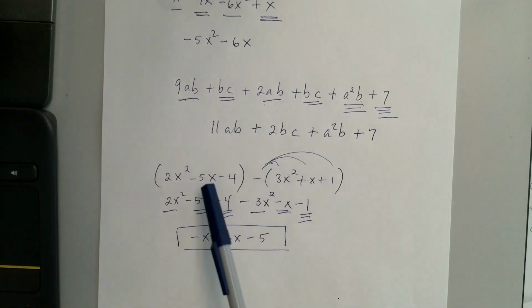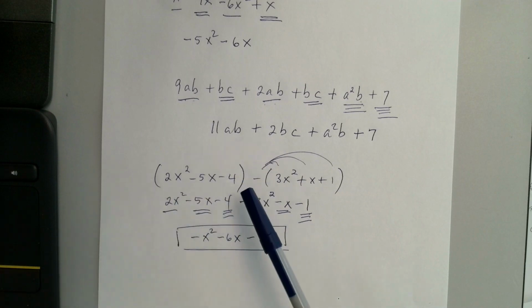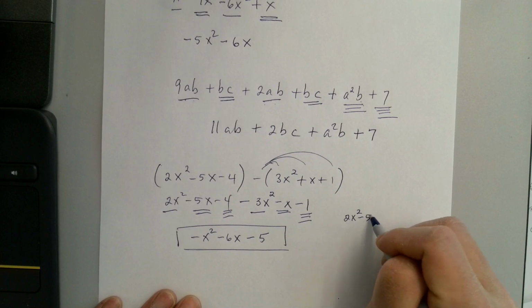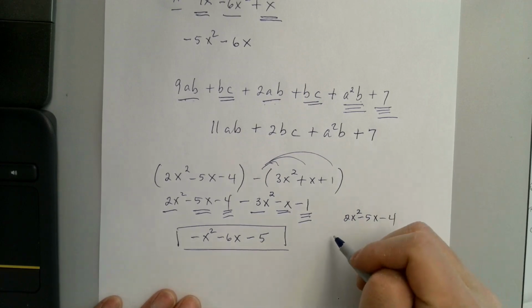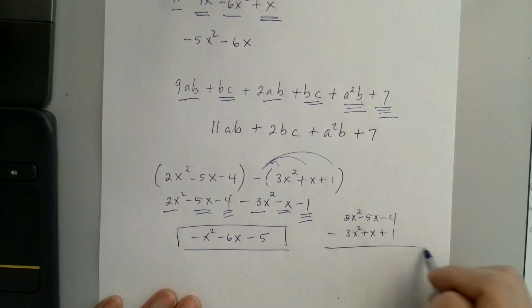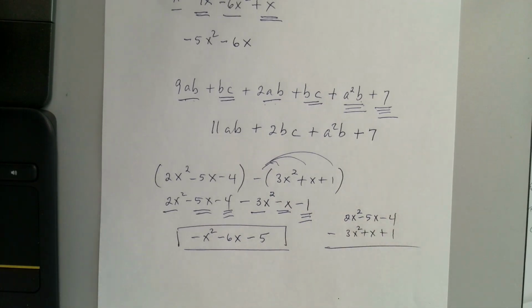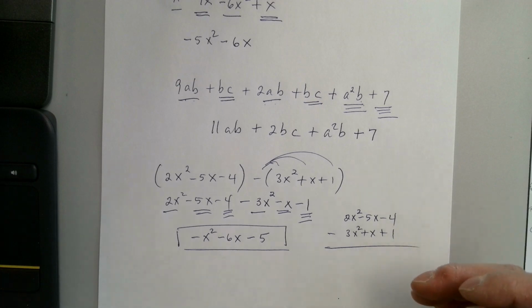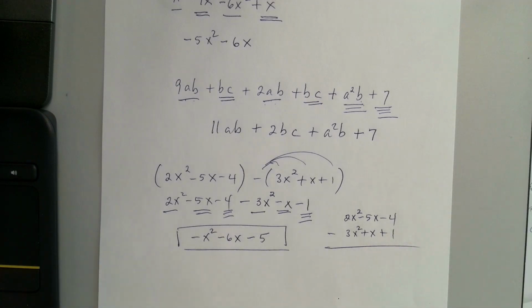Now, another way that people like to add and subtract polynomials is vertically. So I could have rewritten this like this. And some people like this because this kind of looks like regular subtraction or addition when you're adding and subtracting long regular numbers like 4-digit, 5-digit, 6-digit numbers.